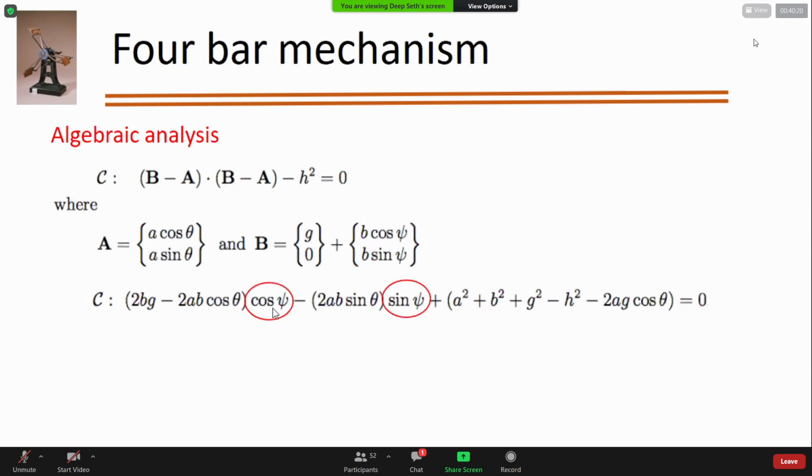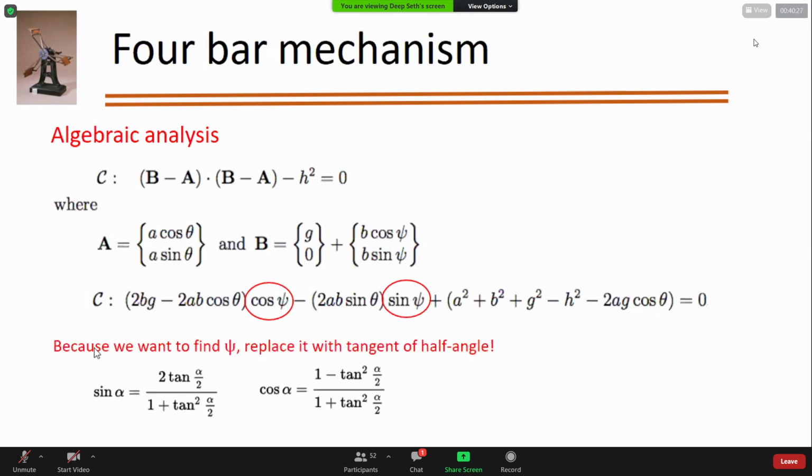Now we have cos psi and sin psi, and we will replace them with the tangent of half angle so that it will be easy to solve. So how will we do it?